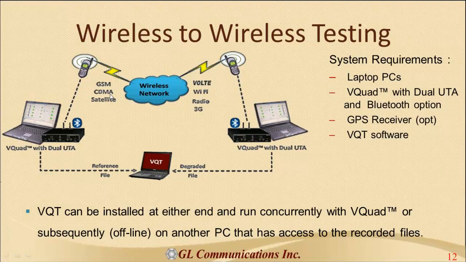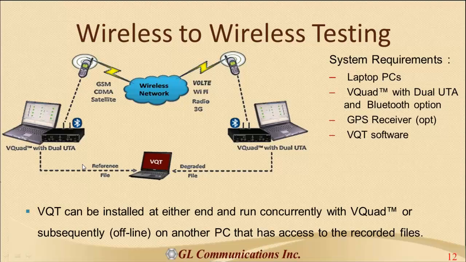We can place calls between two different mobile devices connected via Vquad, and those Vquads may be geographically separated. They can be anywhere, and once the call is established, we can send a voice file on one side and record the voice file on the other side, that is, on the remote side.